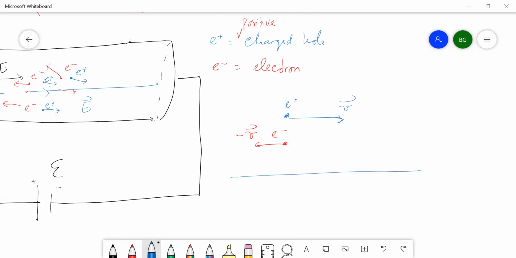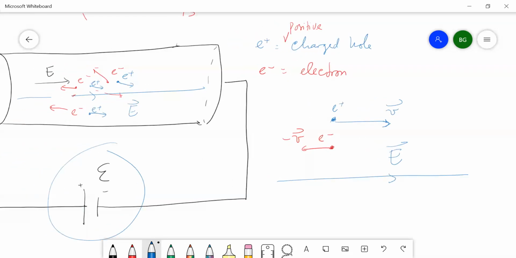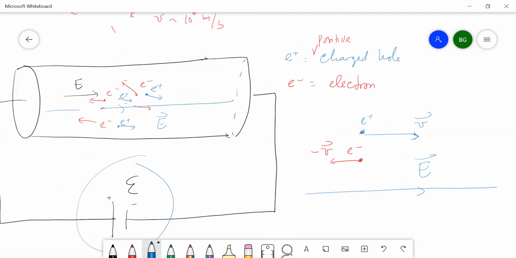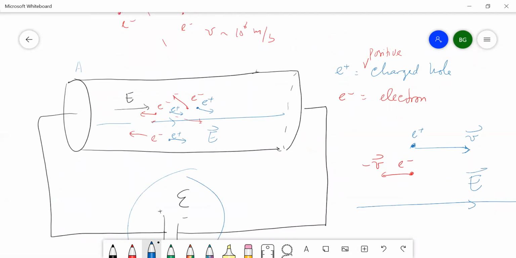So this is the direction of E, the electric field. This E comes from the battery. The battery produces in the conductor an external electric field that moves this charge hole from, let's say, A to B. Any question?